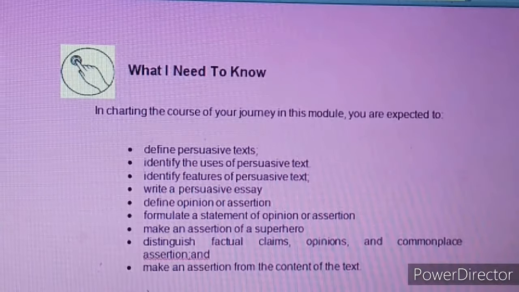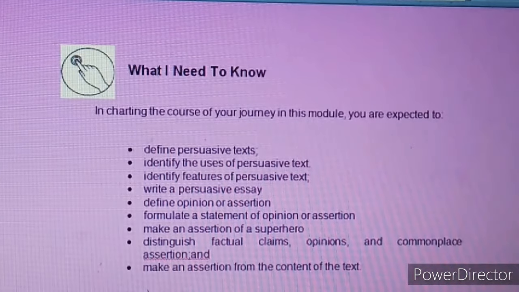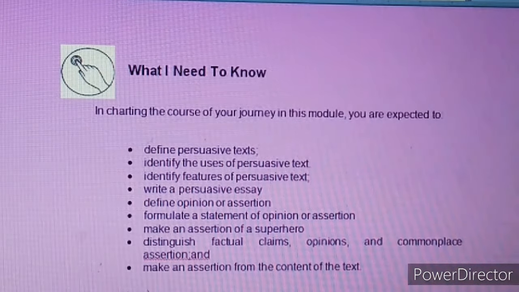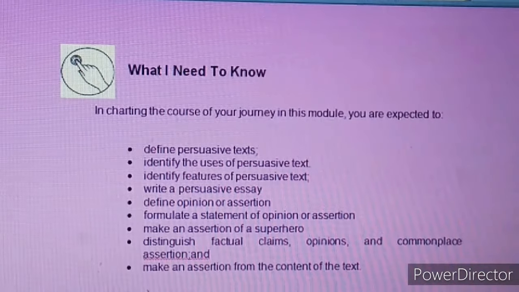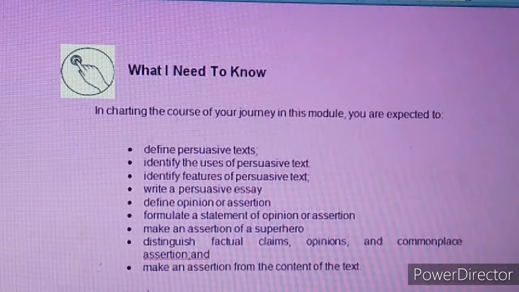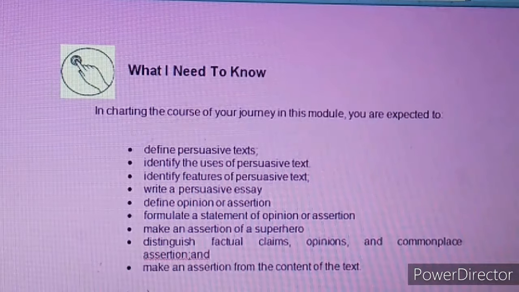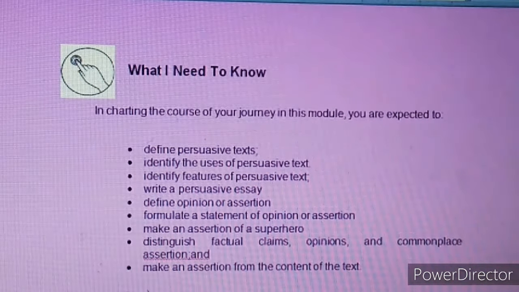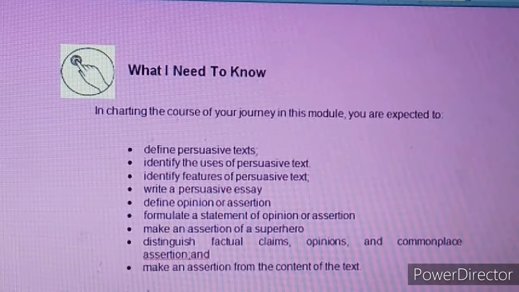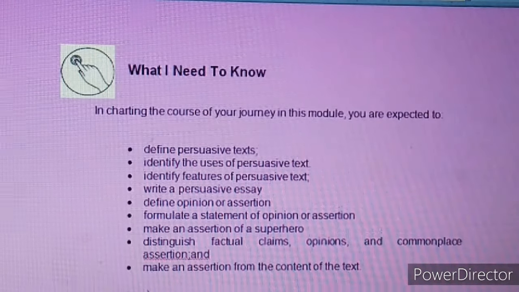In charting the course of your journey in this module, you are expected to define persuasive texts, identify the uses of persuasive text, identify features of persuasive text, write a persuasive essay, define opinion or assertion, formulate a statement of opinion or assertion, make an assertion of a superhero, distinguish factual claims, opinions, and commonplace assertion, and make an assertion from the content of the text.